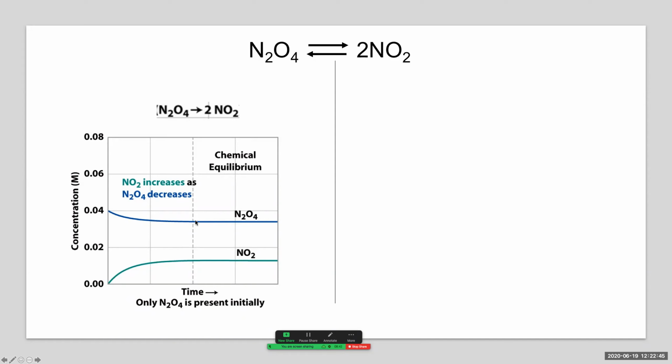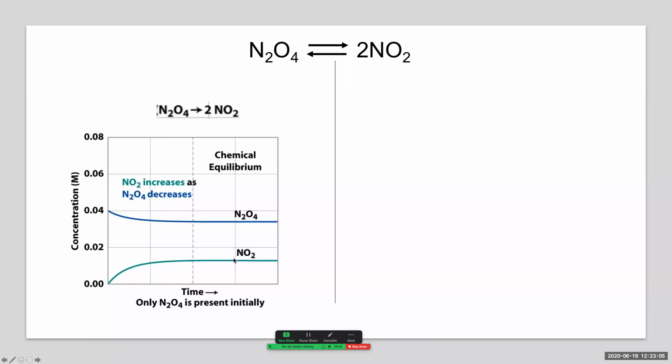And pretty soon the concentration of N2O4 stops changing and the formation of NO2 stops occurring until they both reach a concentration that doesn't change. Well, when this happens, the system is at equilibrium.